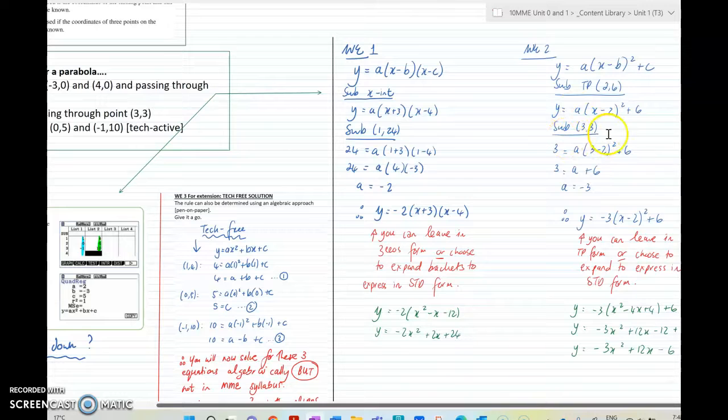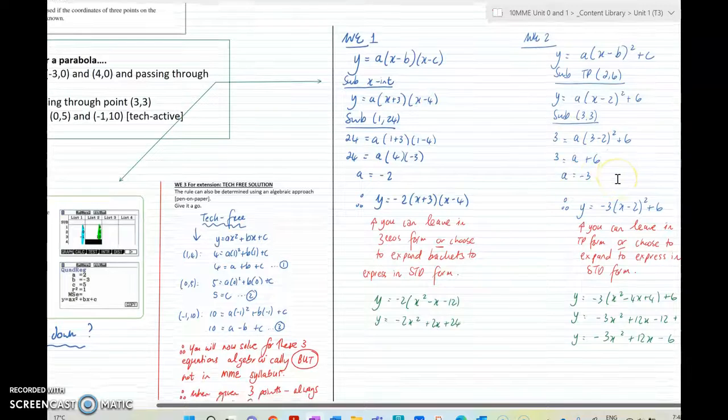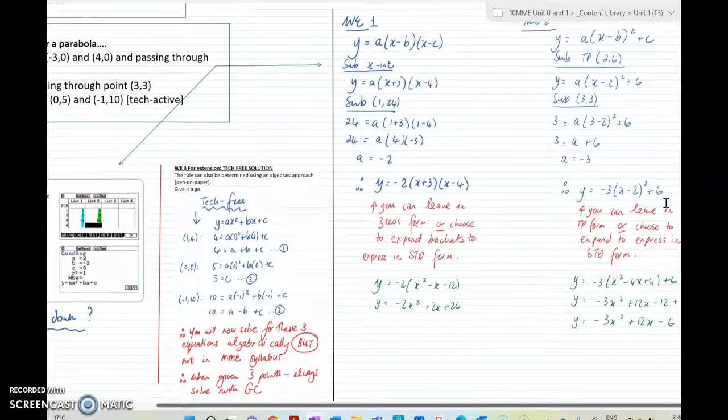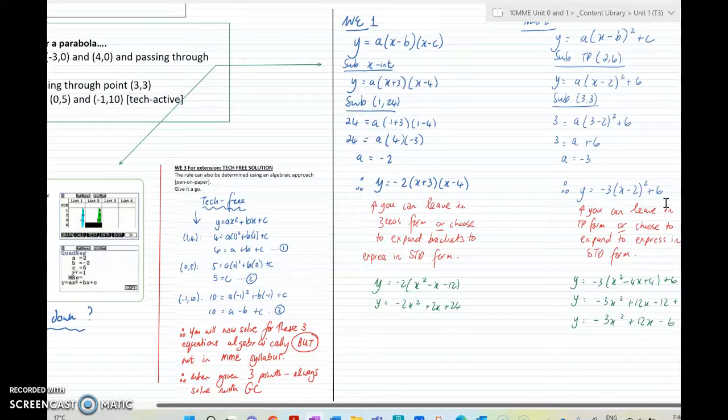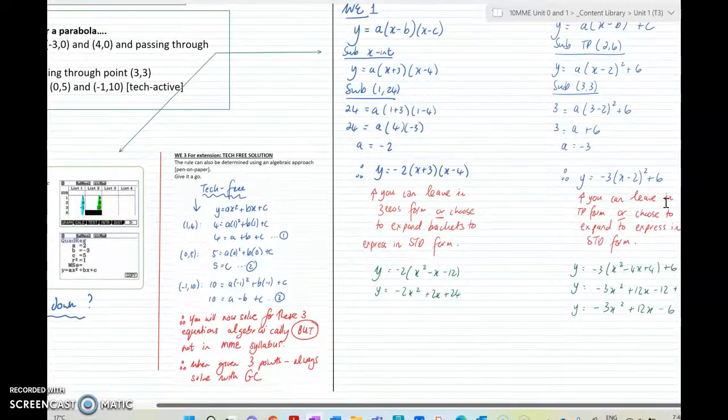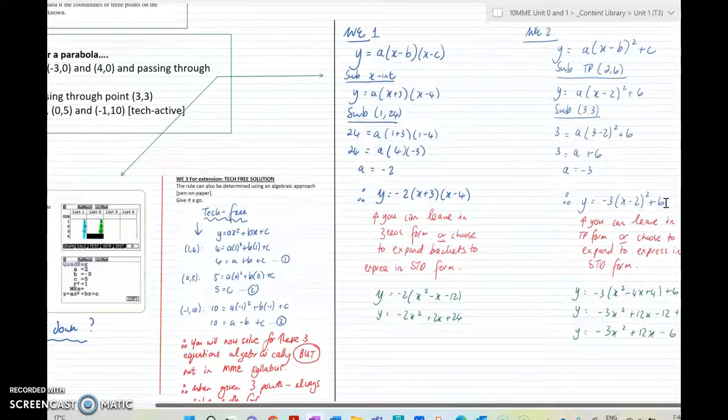So we need another point that is given, 3 and 3. You substitute that into x and y, and again, you find your dilation factor. And you simply just substitute it all back in, and there's your rule in turning point form. Or again, you can expand the brackets there carefully, of course, and you can get your answer in standard form.